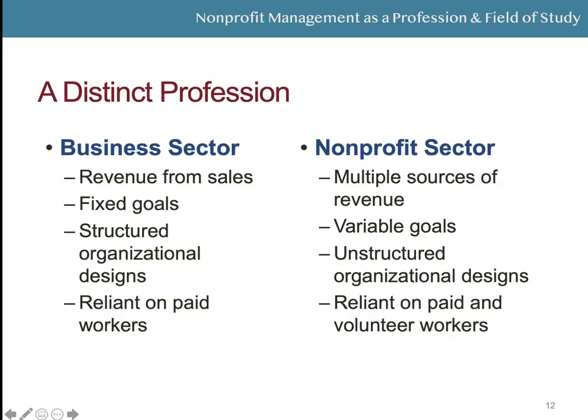Most businesses have pretty fixed goals. Coca-Cola wants to sell beverages. Nike wants to sell sports equipment, and they might update their goals every couple of years. But in the nonprofit sector, those goals can be variable because it may depend on the environment.